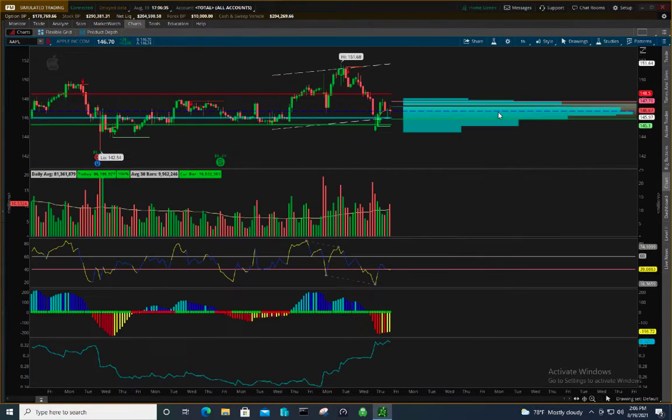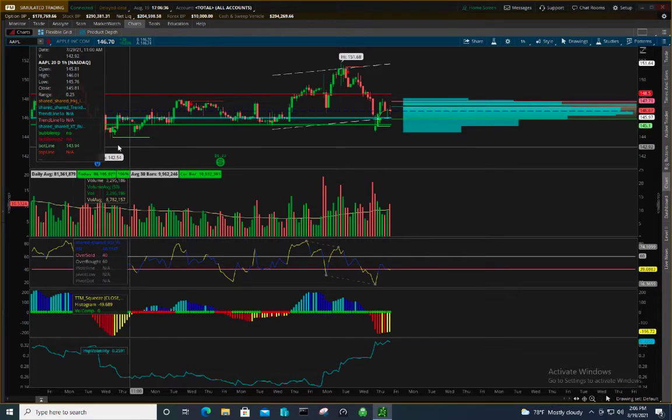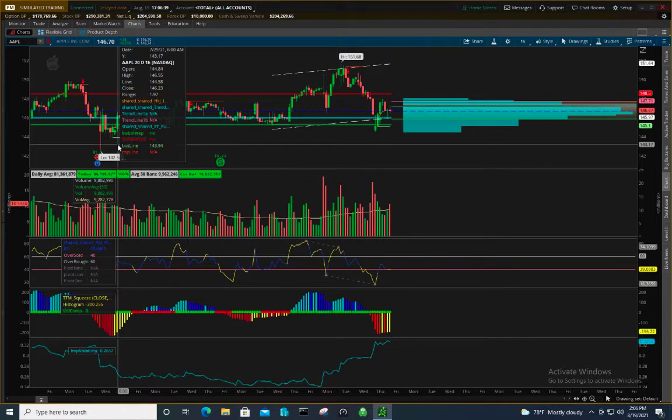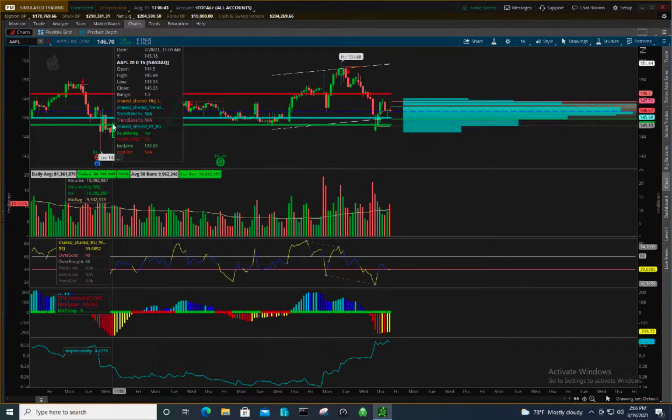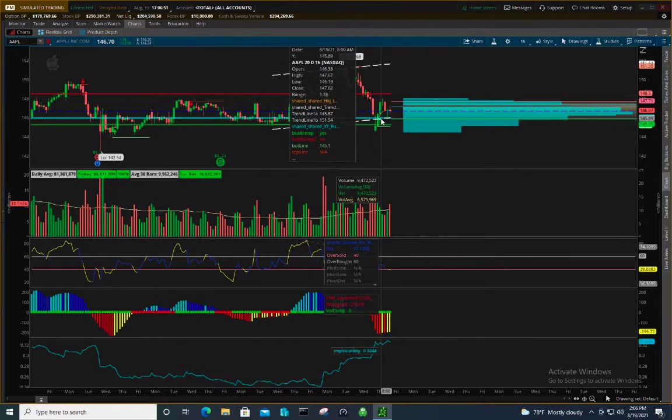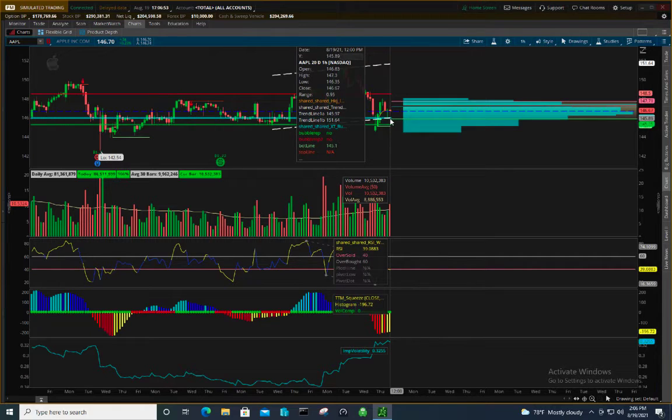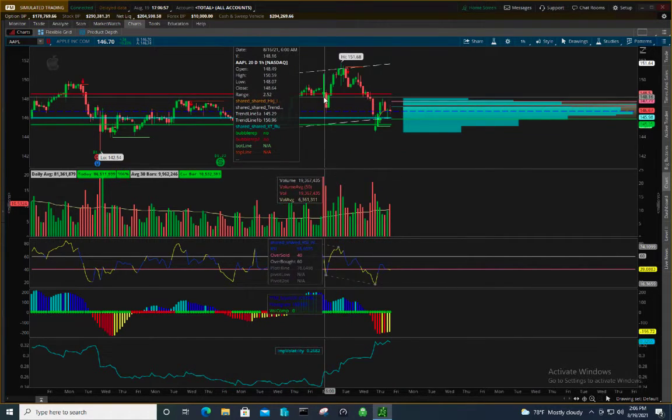Let's look at 20 days. If I was planning on doing a swing trade for Apple, it has a support at 145. Right now it is sitting at 146. So if I was planning on swinging it, I would probably buy it around 146.50 or below, and then I would wait for it to go back up.